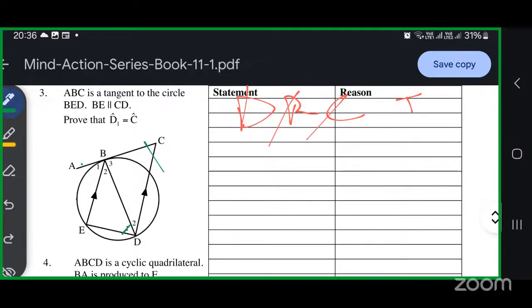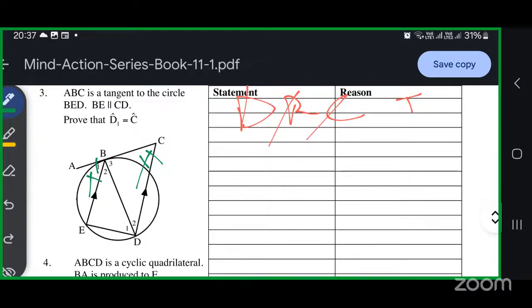Now what we can do with all those parallel lines, we can just say let this angle B1 be x. Therefore, angle C will be x as well, because of the corresponding angles, then you state your parallel lines, BE and CD.